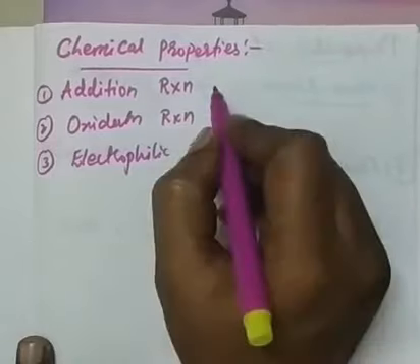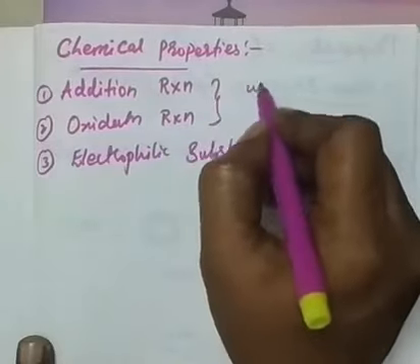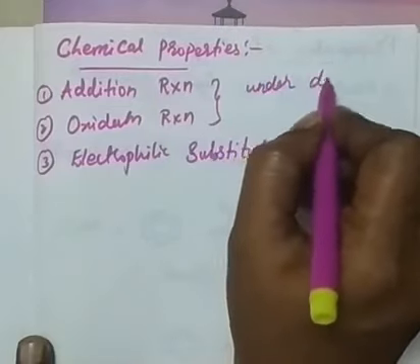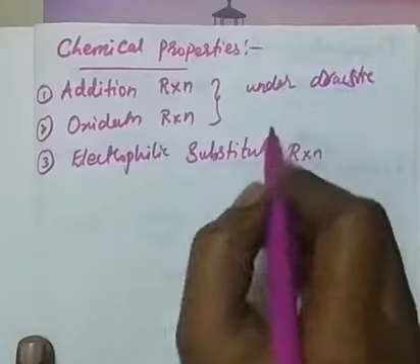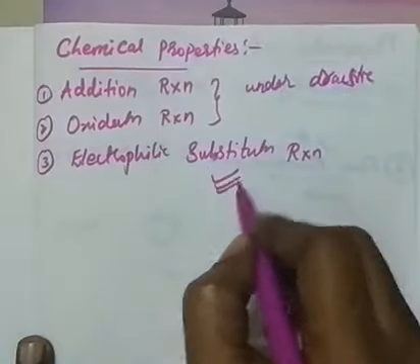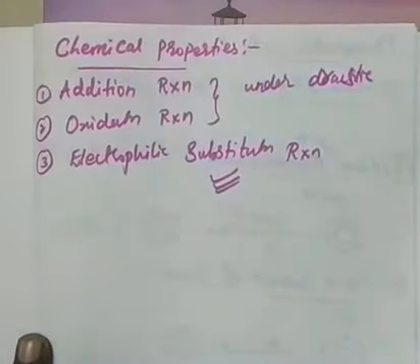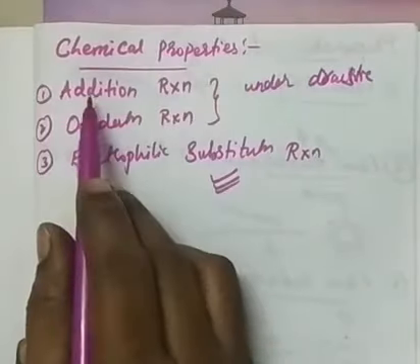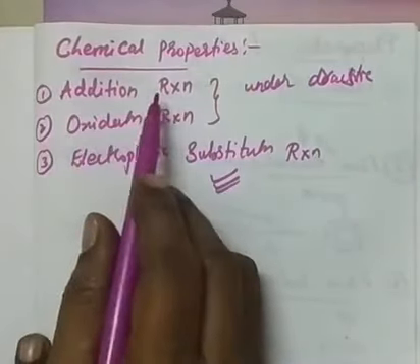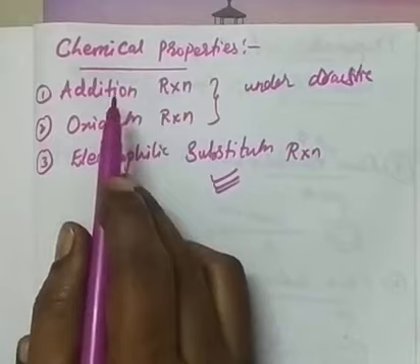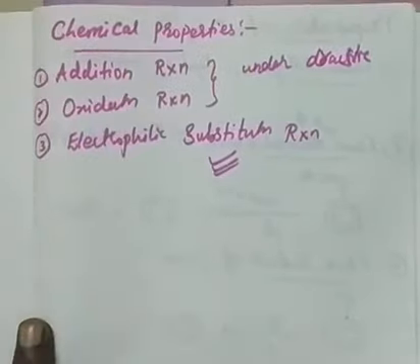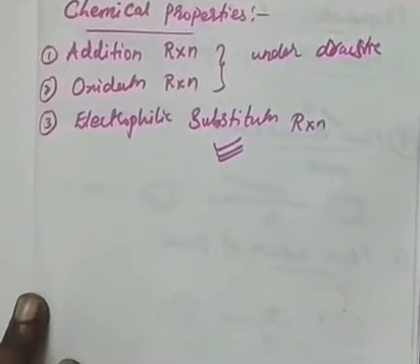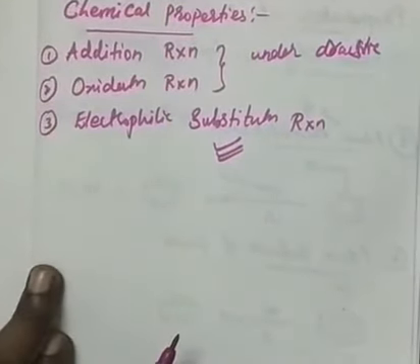But again I am saying these two only under drastic conditions, under special conditions. But the very famous reactions taken up by benzene are the substitution ones. Why is addition not taking place? Though it contains a double bond, that is not a true double bond. In the last class we explained that the double bond is continuously rotating. Therefore it is not stable and will not undergo addition reactions.